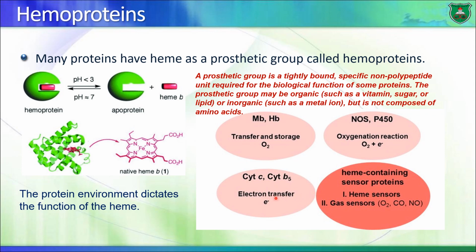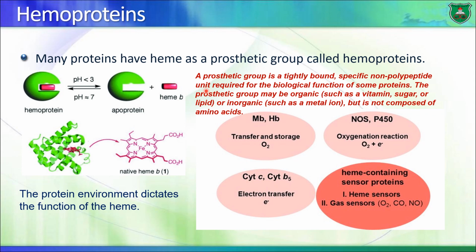You have electron carriers in the electron transport chain; we'll talk about these next semester in the metabolism lecture. We also have sensor proteins, heme sensors, for example gas sensors, and you have enzymes like the cytochrome P450 enzymes.